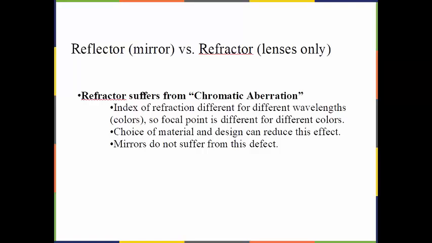So this is something to do with colors. Don't forget, the index of refraction is different for different wavelengths, which means that the wavelengths are going to bend by different amounts. So violet bends more than red does. And we can reduce this effect by the choice of materials and the design we use. Mirrors don't suffer from this defect.